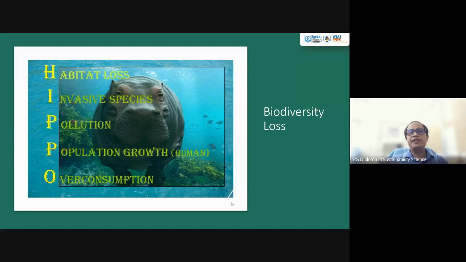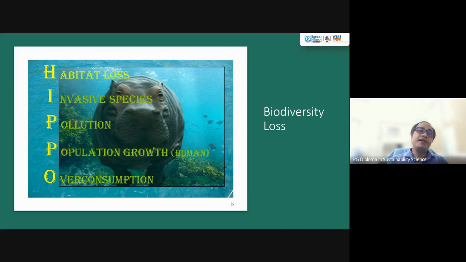Take species that survive in a pond ecosystem or an aquatic ecosystem in a lake. If the lake dries up because of human interference and no longer exists, all the species will not exist in that environment, right? So this is how habitat loss works. I'm giving a simple example.